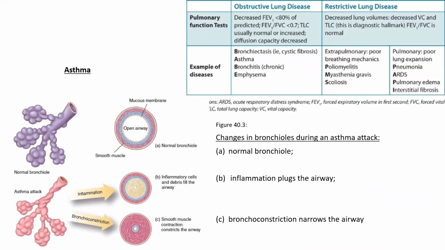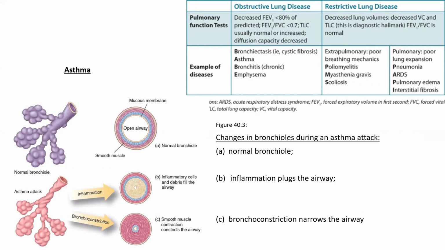This slide explains again the same concept, which is the structure of the bronchioles and alveoli. A decreased lumen size of the bronchioles will result in bronchoconstriction, and that's due to two factors. The first one is inflammation, in which the inflammatory cells are going to decrease the lumen size.